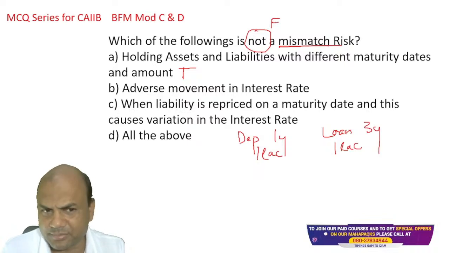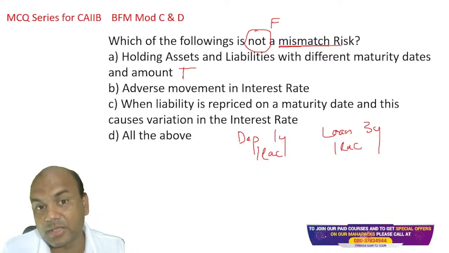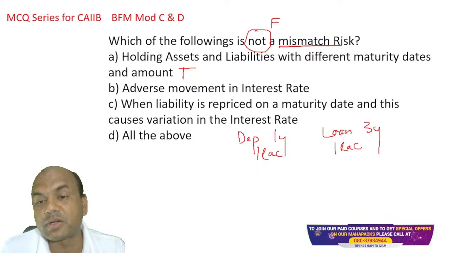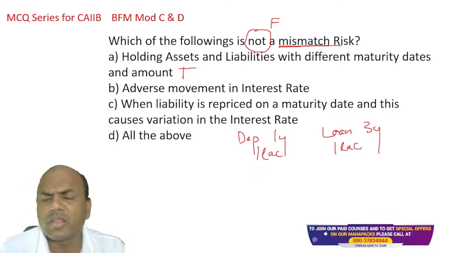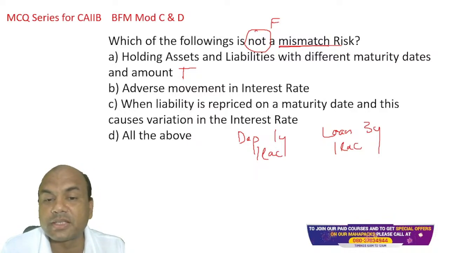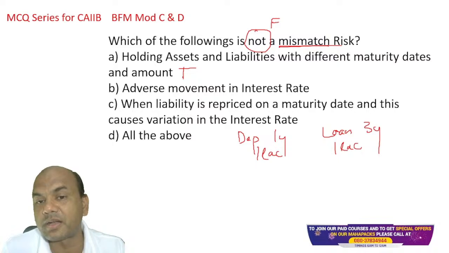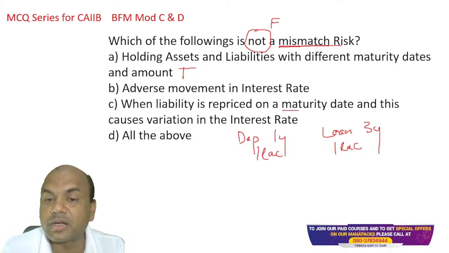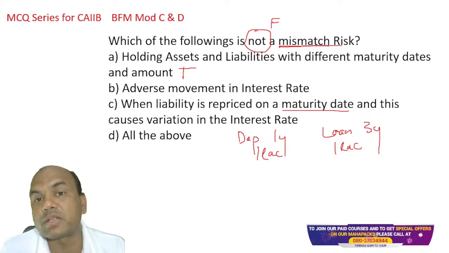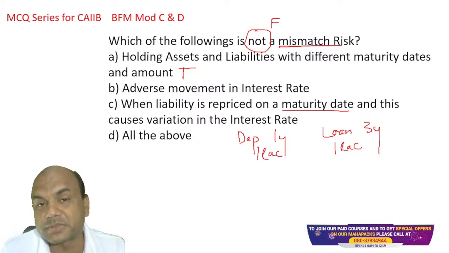Third one, let's see. B, keep it on hold because it can be the answer. When the liability is repriced on the maturity date and this causes variation in the interest rate. Now, is this the point? Liability repriced on the maturity date, what does that mean? For the bank, what is the liability? Liability is the deposit, right?